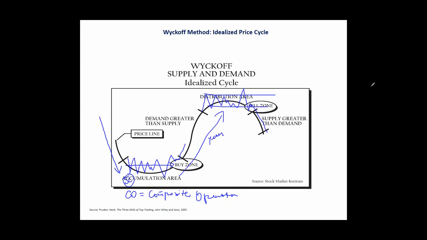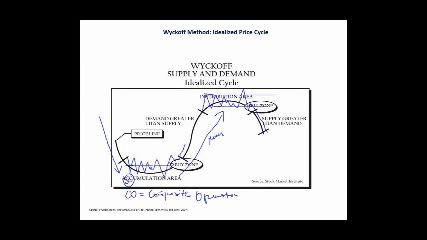Now, there's a difference in the way the principles of price activity unfold in distribution than in accumulation. Even though they may look similar, accumulation is the absorption of shares of stock, literally removing them from trading activity, because the CO, once they accumulate those shares, is not going to sell them until prices are much, much higher.